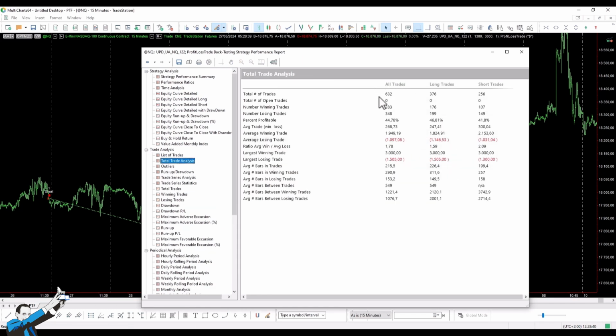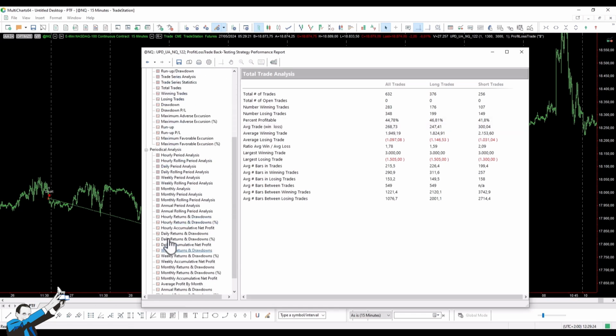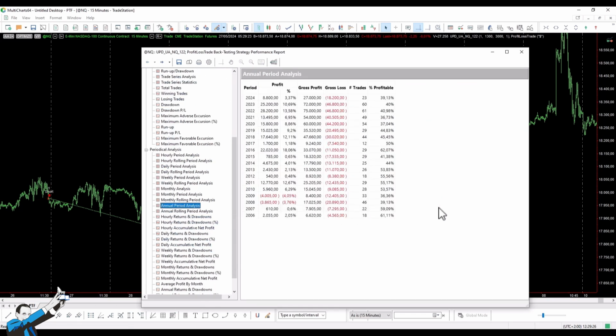First, we notice that the strategy makes fewer trades, but the average trade is much larger than the previous one. This is partly because it's a multi-day strategy, so spending more time in the market makes it easier to have a larger average trade. Let's look at the yearly returns of this strategy, and we see that all the years have been positive, except for 2008 and 2009.